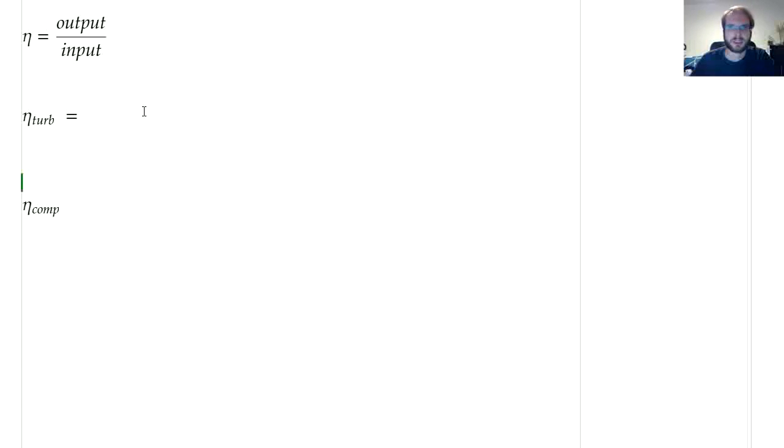So let's talk a bit about the efficiency. The efficiency of basically anything is always the ratio of output, what we get, compared to input, what we have to put into the system.